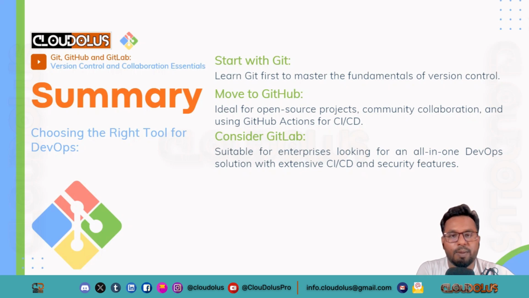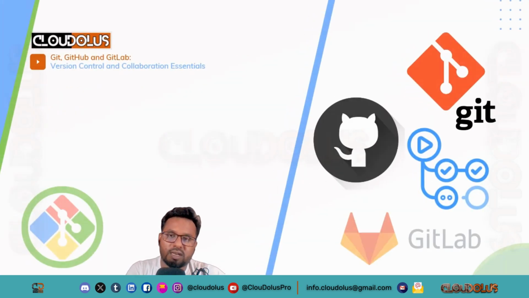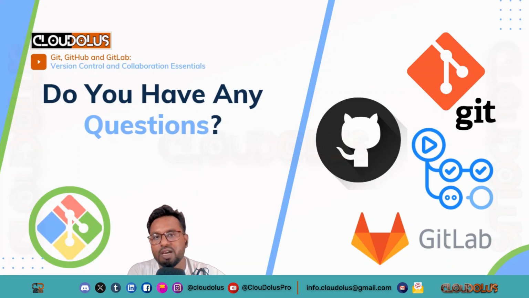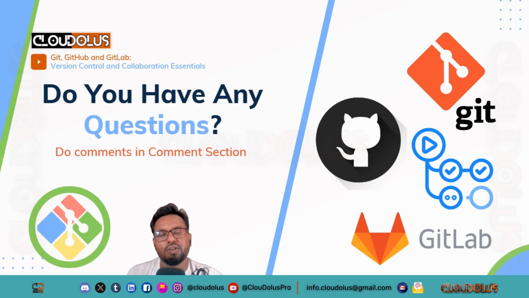So basically we discussed Git, GitHub, GitHub Actions, and GitLab. So based on those discussions, if you have any questions related to the overall discussion of GitHub, GitHub Actions, or GitLab, do comment in the comment section.